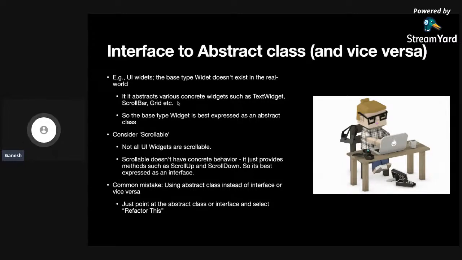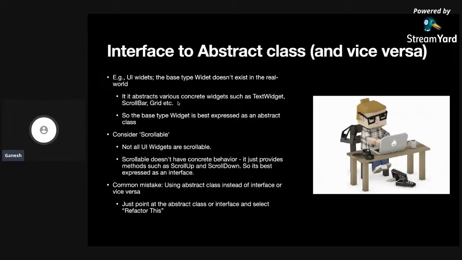Let's see an example of an interface. In the world of UI components, consider scrollable as an abstraction. Not all UI widgets are scrollable; a text widget or a grid may not be scrollable. Now, scrollable by itself doesn't have any concrete behavior. It just provides methods such as scroll up, scroll down, etc. So it's a protocol that the abstractions have to implement.